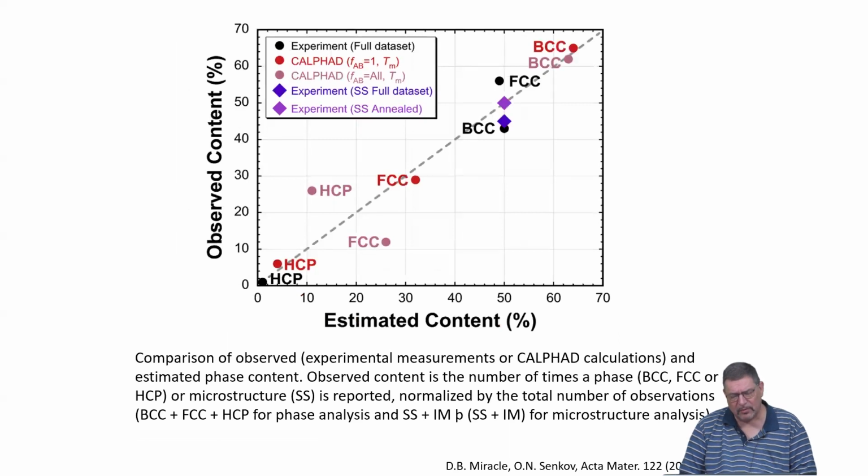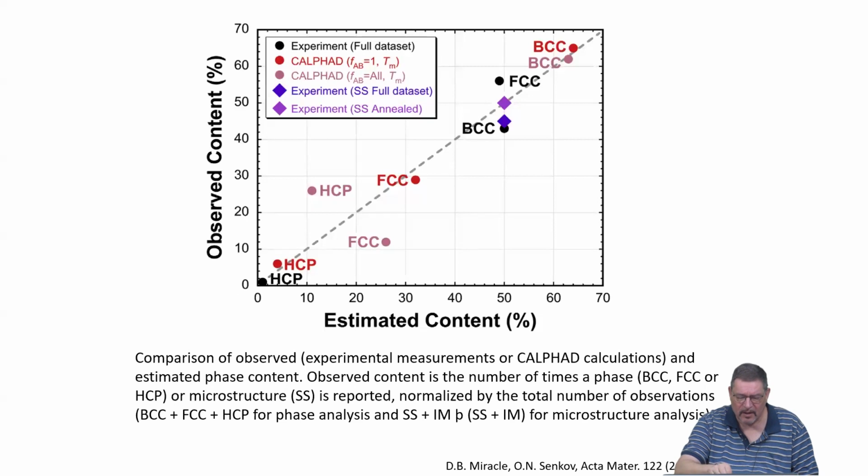And this is also confirmed if we, for example, look at the comparison between experimental observations of phase content and estimated content. Observed content means either experiment or Calphad simulations, and estimated content is this structure in, structure out approach, which you can do in experiment, but which you can also do based on Calphad calculations.